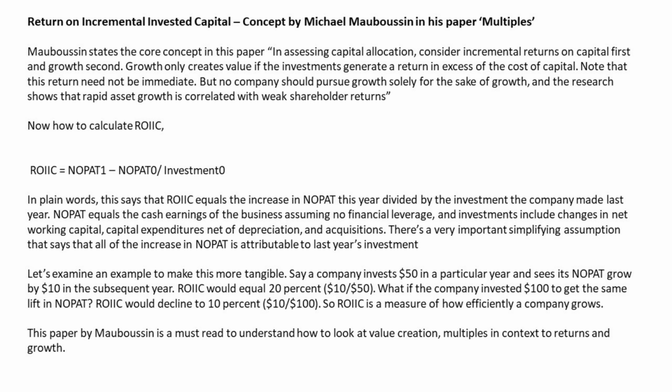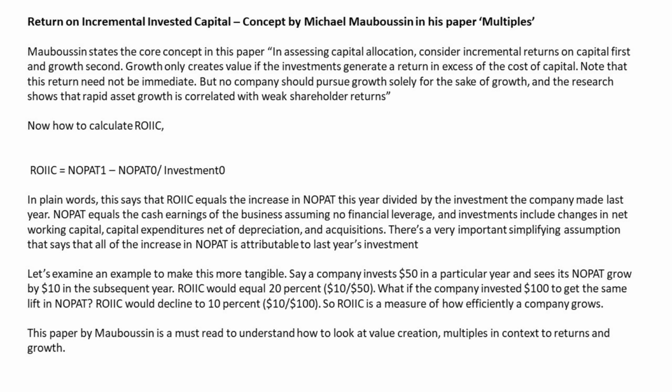How to calculate the return on incremental invested capital is nothing but NOPAT 1, that is net operating profit after taxes this year, the current year that you are evaluating, minus the net operating profit after taxes the previous year, divided over the capital employed or the investment done last year.